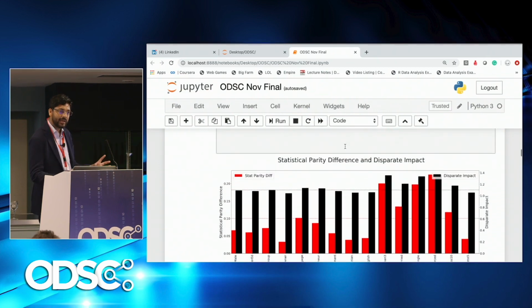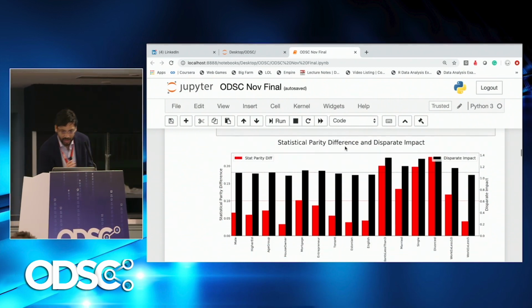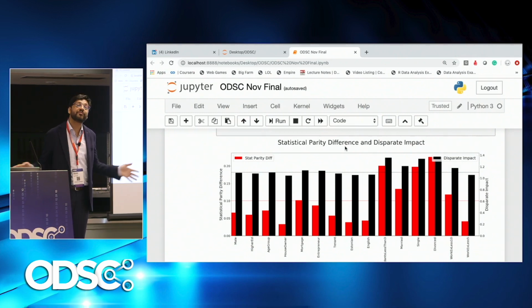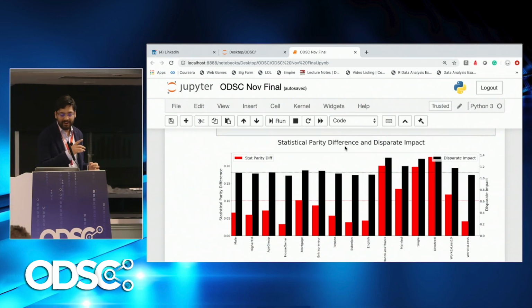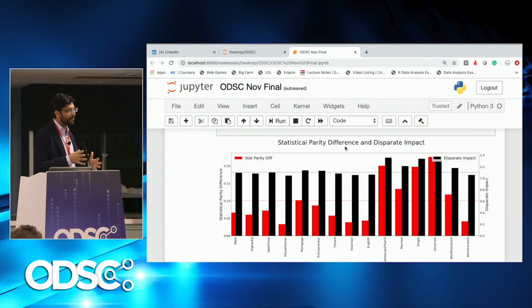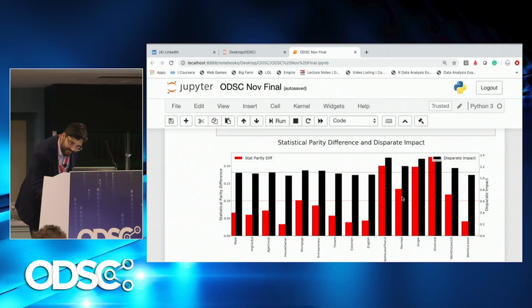That is, in those cases, let's take married. People who are married and people who are not married have a difference of more than 10. For example, if people who are married have a probability of a favorable outcome of 80, the people who are not married have a probability of a favorable outcome of much less than 70.